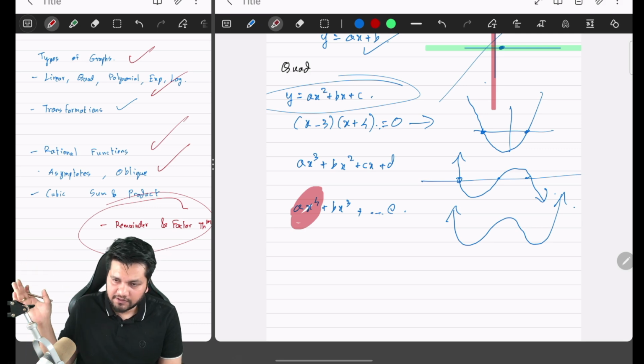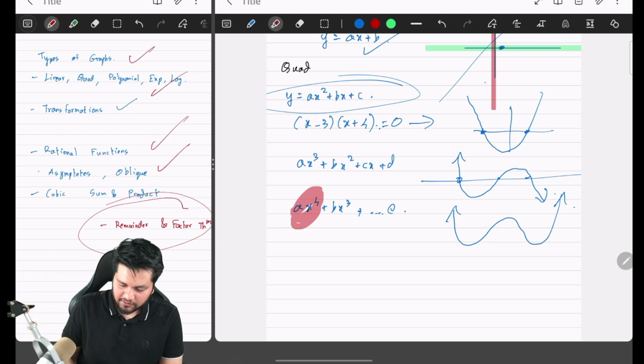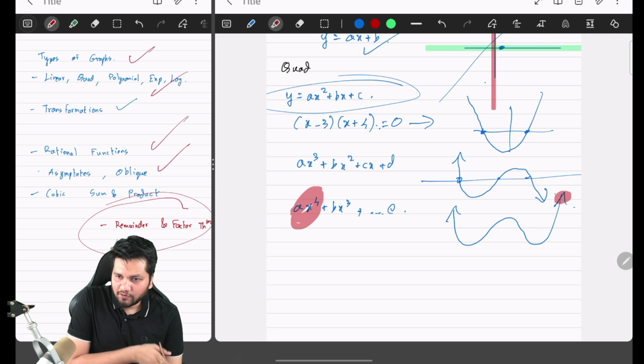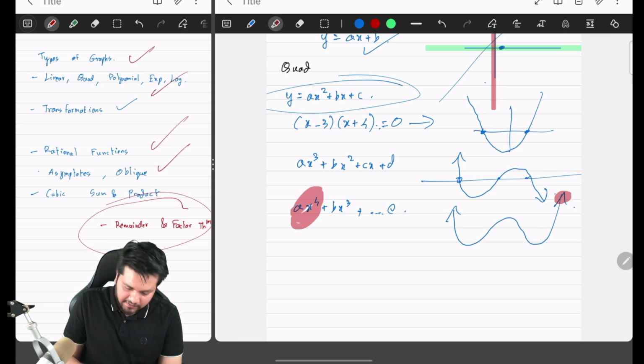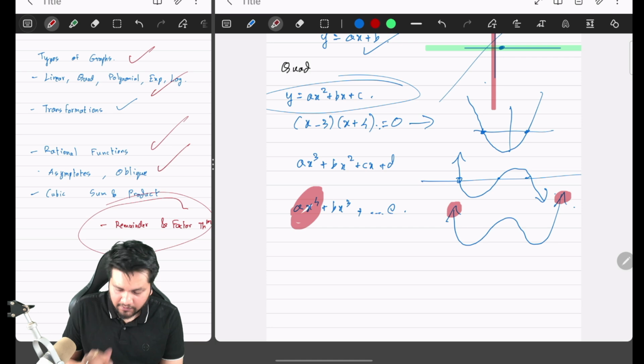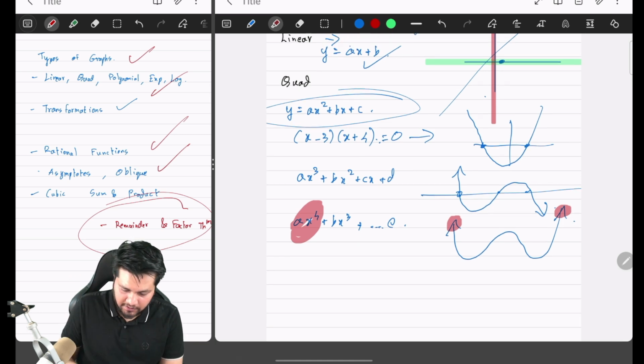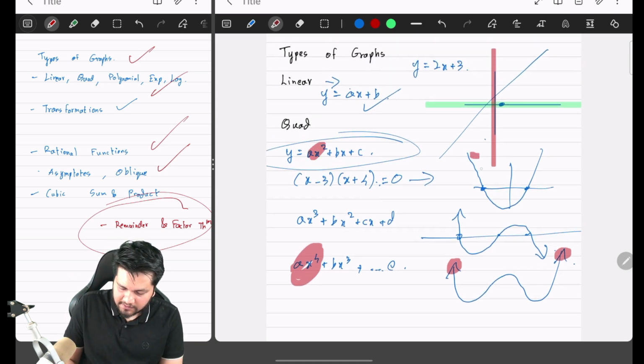So obviously it's going to be a huge number. So here it will go like this. But even if I put minus 1000 as the x value, and if I put minus 1000 to the power of 4, then also I'll get a positive huge number. So that's why both ways it's going up. Here also both ways it's going up, like this and like this.